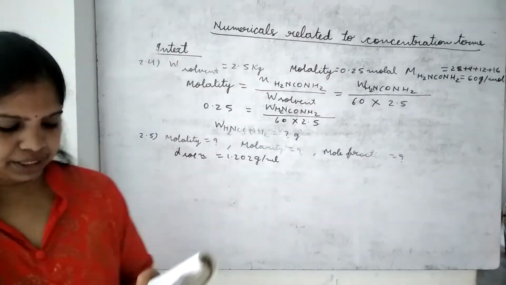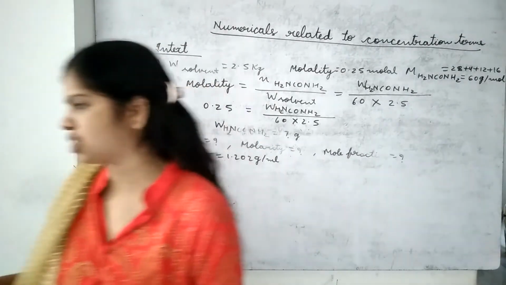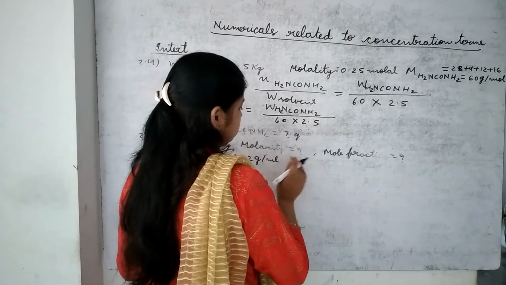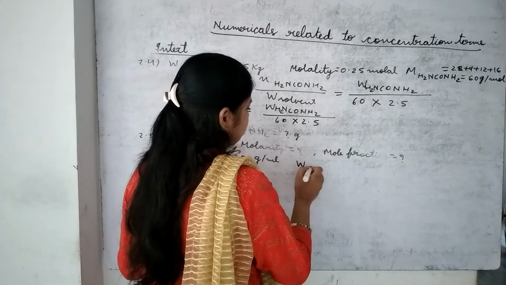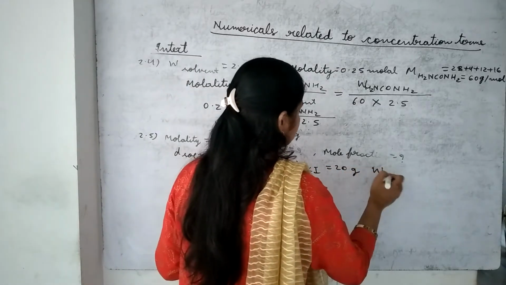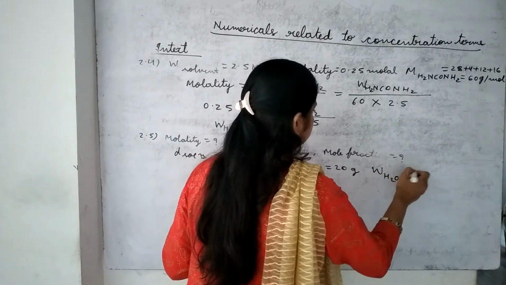It is a 20% aqueous solution of potassium iodide. So the mass of potassium iodide taken is 20 gram and the mass of water taken is 80 gram.